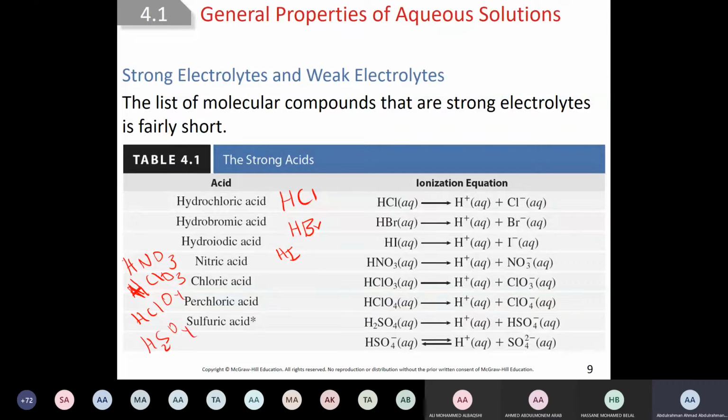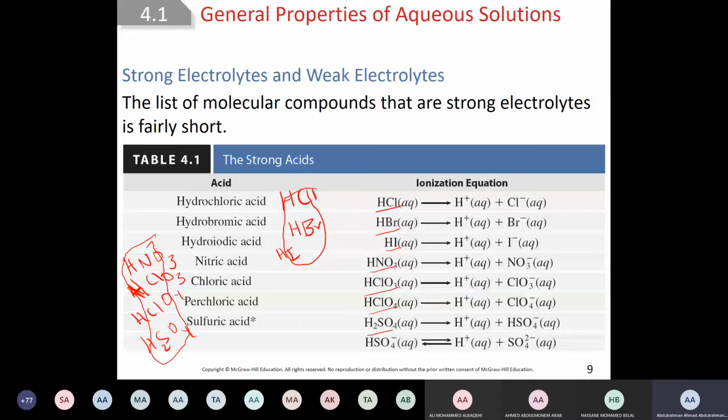I want you to memorize these acids, which are written for you here. These are the acids: HCl, HBr, HI, HNO3, HClO3, HClO4, H2SO4.